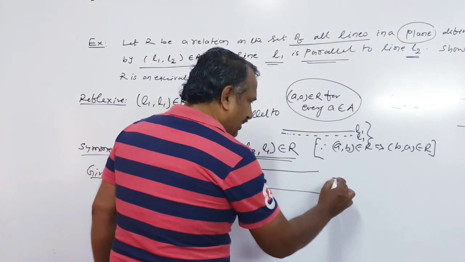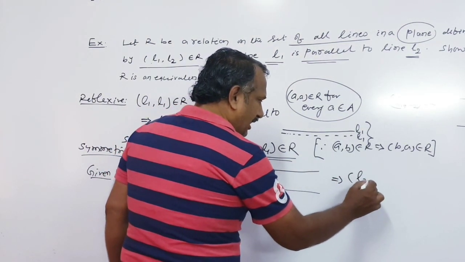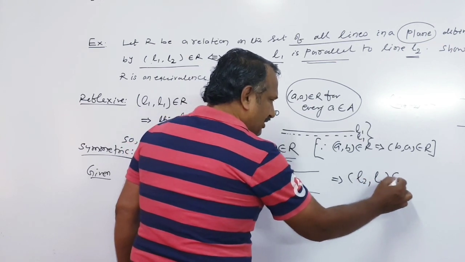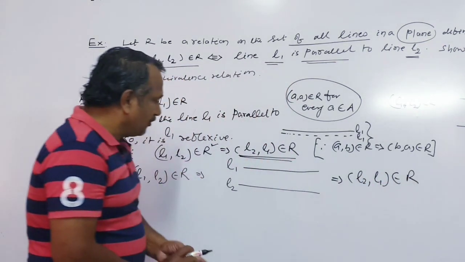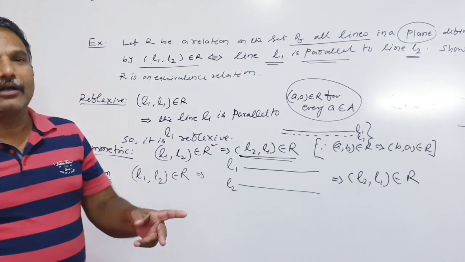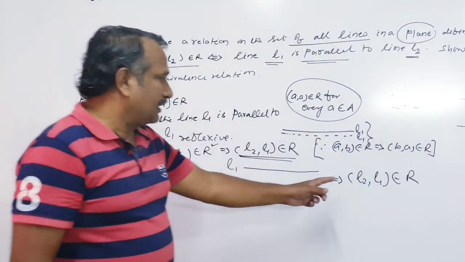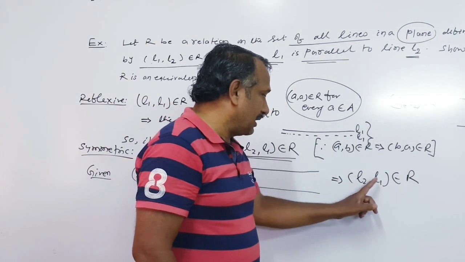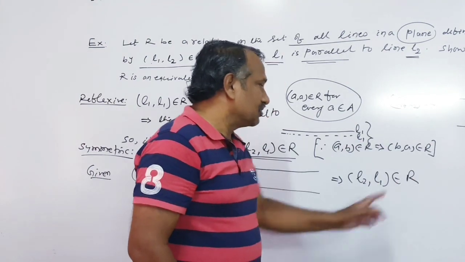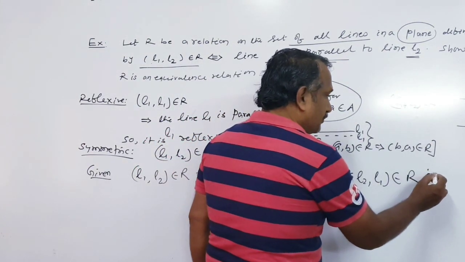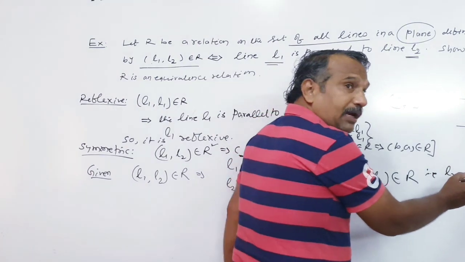So you can write (L2, L1) which belongs to R, because both the lines are parallel to each other.